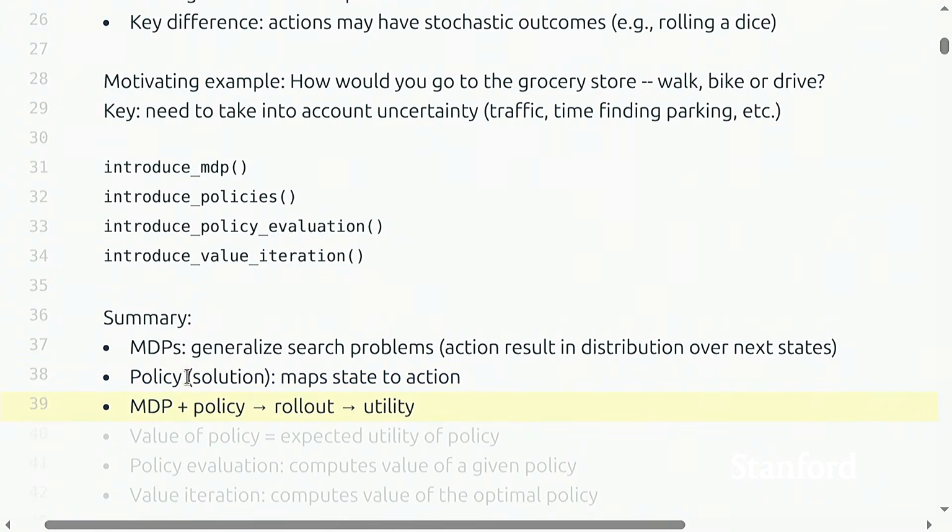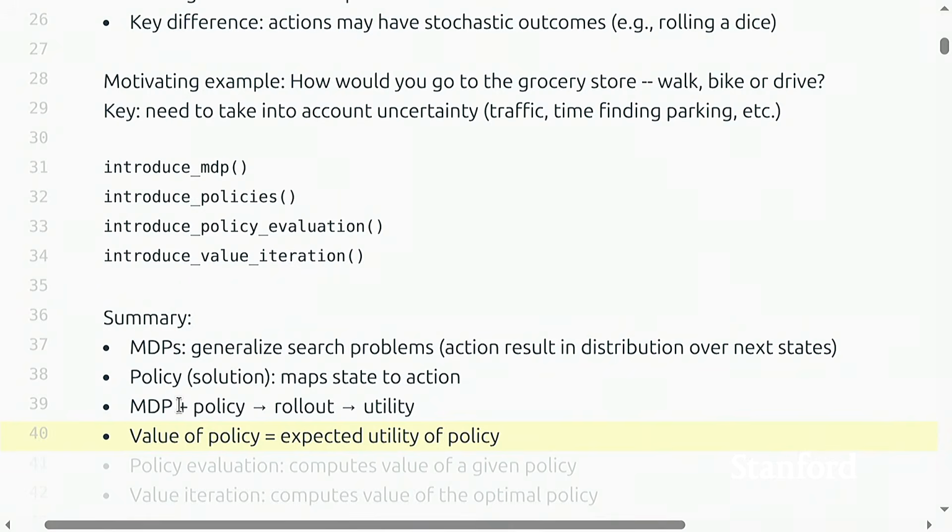We defined the utility of a policy: if you take an MDP and a policy and perform a rollout, that produces a number called the utility. If you take the expected or average over those utilities, then you get the value of that policy, which is a deterministic, non-random number.